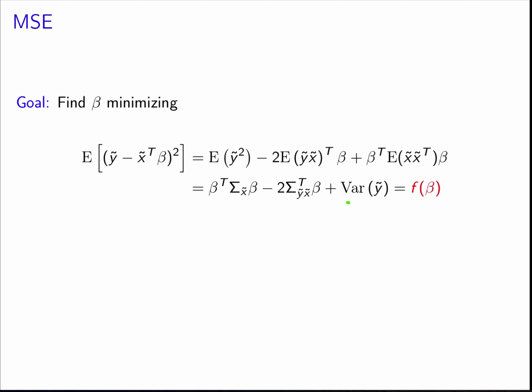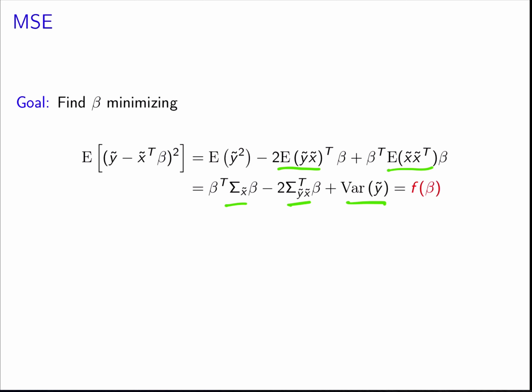This is the variance of y, because we're assuming that y is centered, so its mean square is just equal to its variance. This is the cross covariance, which contains the covariance between y and each of the entries of x. And then we have the covariance matrix that contains the covariance between the entries of x.